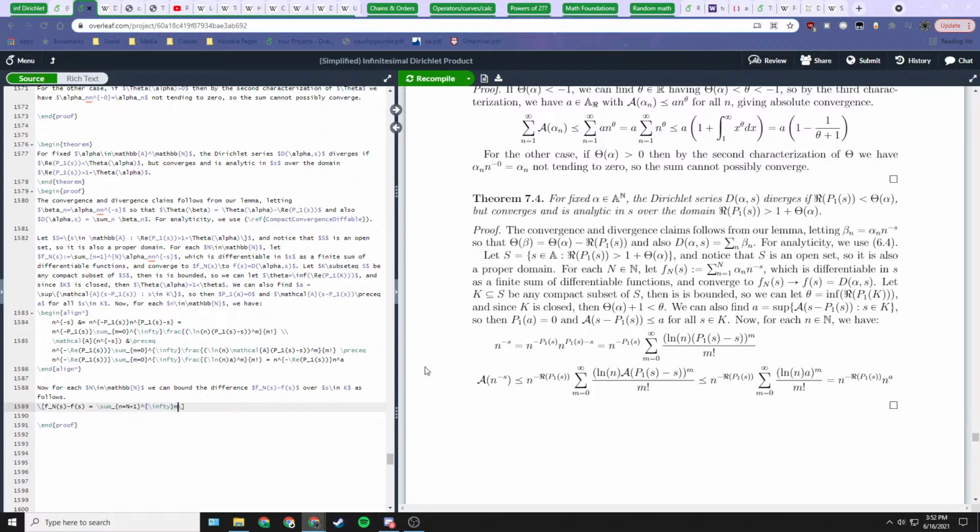And we have alpha sub n times n power negative s.